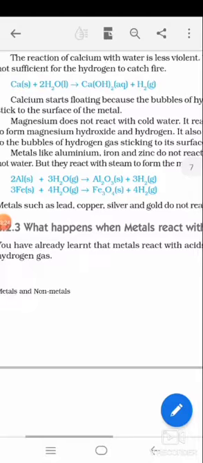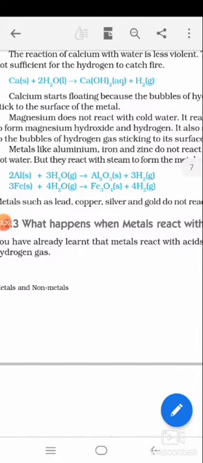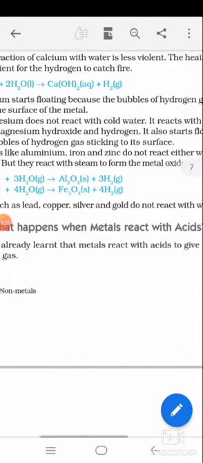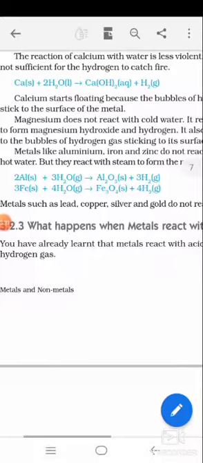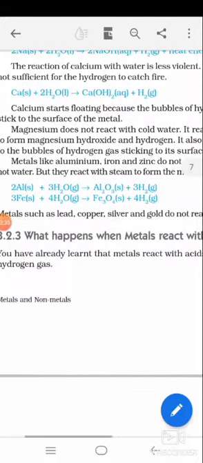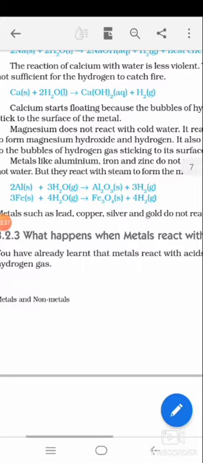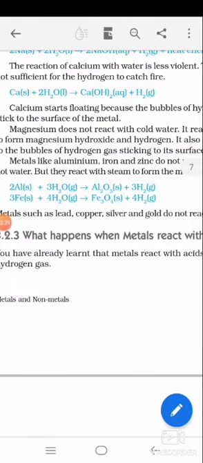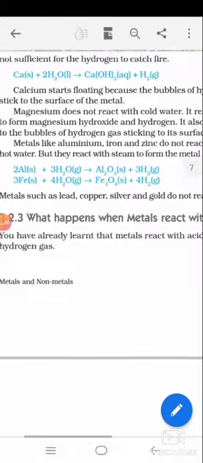The calcium starts floating because the bubbles of hydrogen gas formed stick to the surface of the metal. Hydrogen gas is evolving, but it is not catching fire. So the calcium sticks to the hydrogen gas bubbles, and that makes it float.